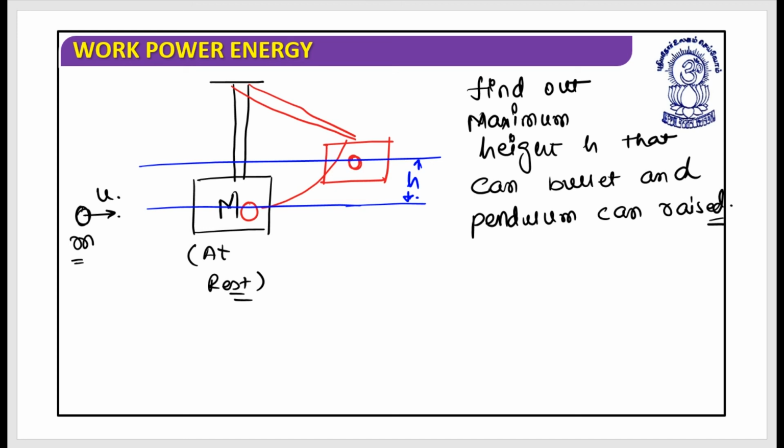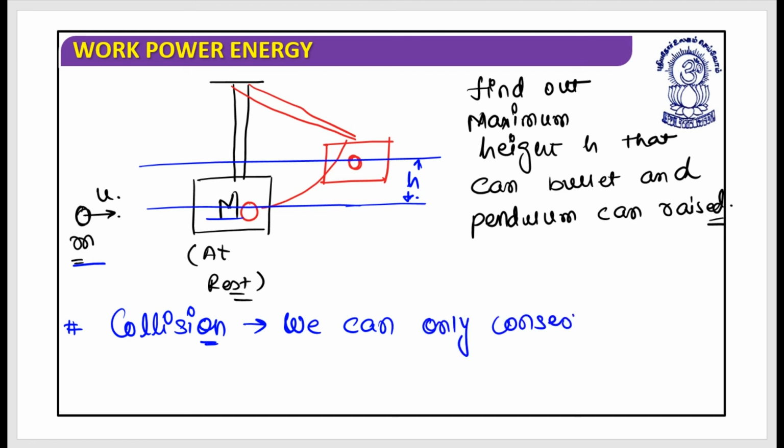One very surprising thing is that they have mentioned only the collision. They have mentioned that this bullet is going to collide with this. That's it. They have not mentioned whether it is an elastic collision or an inelastic collision. So when they have not mentioned, we can only conserve the momentum at the point of collision.